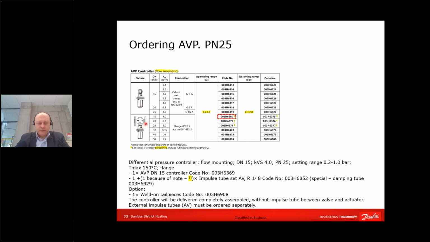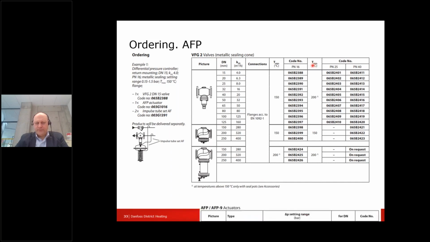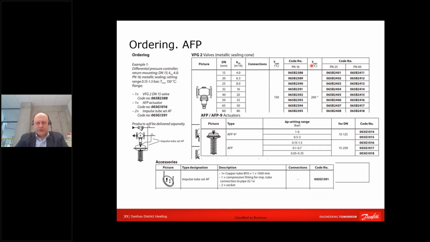One fitting is provided with the differential pressure controller where you can connect it to the body of it, and another end of the impulse tube should be connected to the process, to the pipe. With large pressure controllers, you are selecting the valve, selecting the actuator, selecting the impulse tube, which is a larger one.